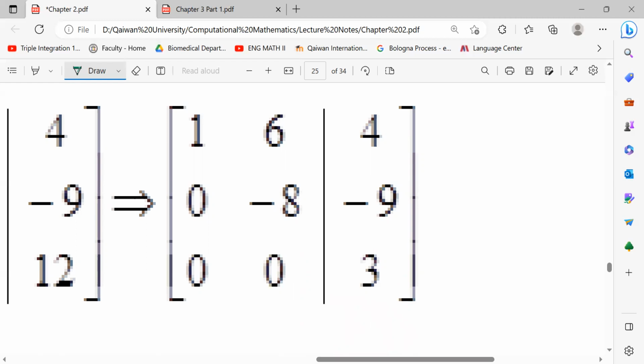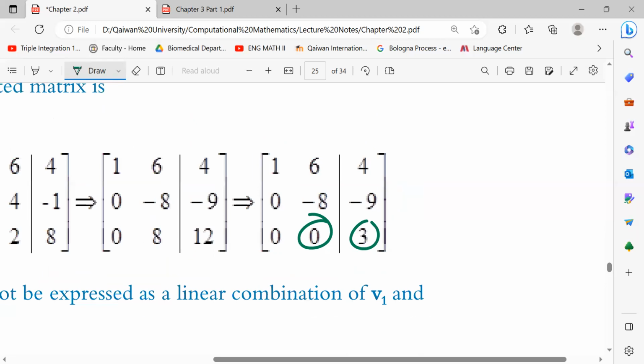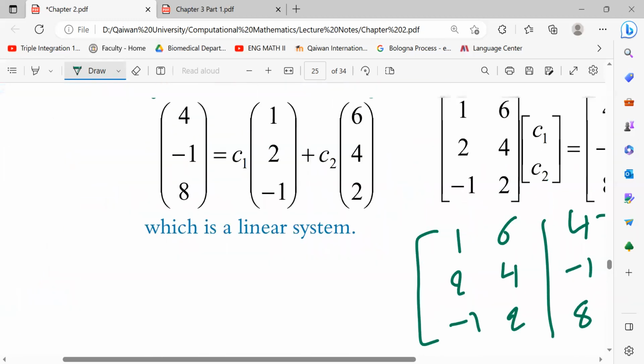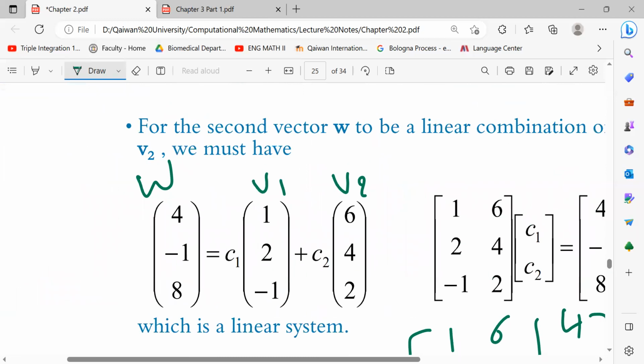But in the other case, no problem. We could say C2 is 3. If this is 1, it's okay. But if this one is 0 and this one is a value different from 0, we say it's impossible. 0 never be 3. So in this case, we say W cannot be written as the linear combination of V1 and V2.